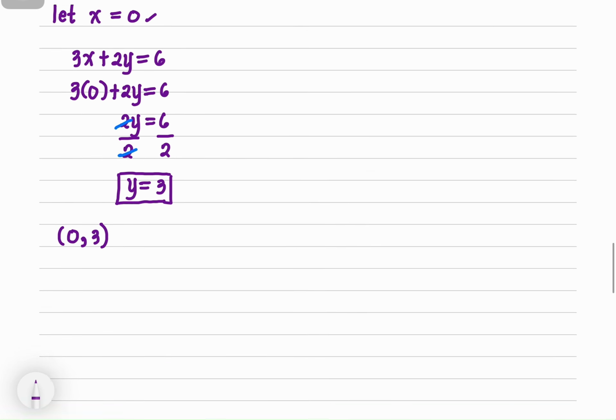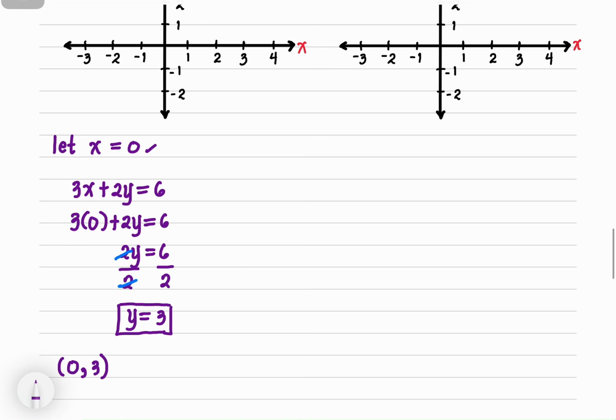So now, dito tayo, let y be equal to 0 to solve for x naman, no? Okay. So, 3x, yung ating equation, 3x plus 2y equals 6.